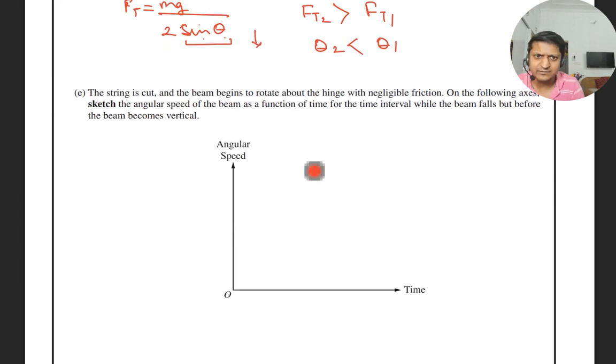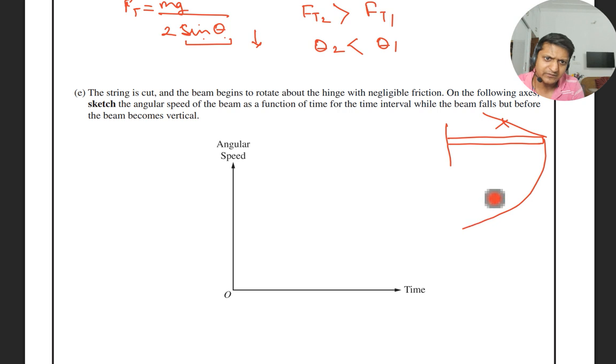Okay, then it says the string is cut and the beam begins to rotate about the hinge with negligible friction. So let's see what's happening now. This string has been cut and the beam is now going like this.